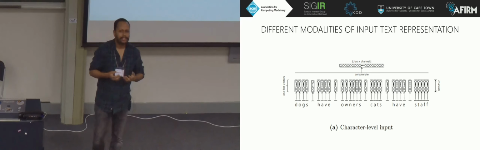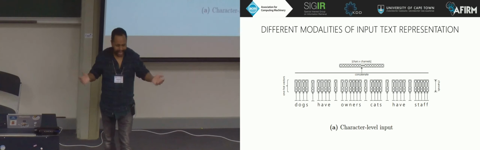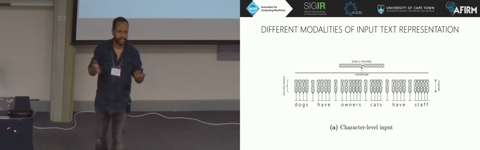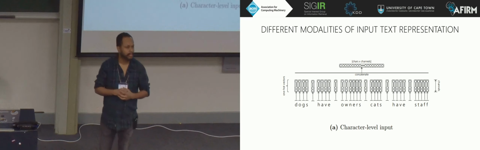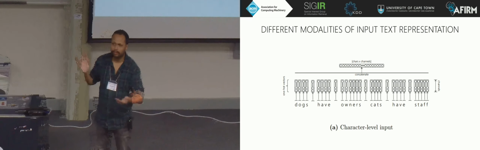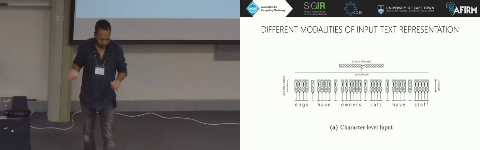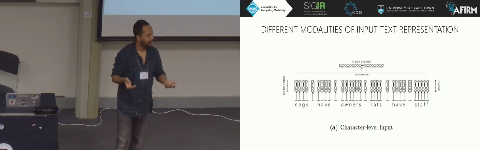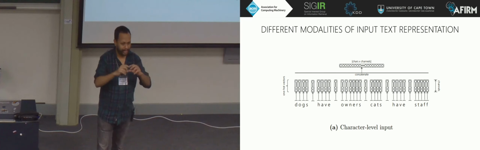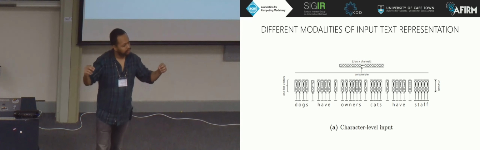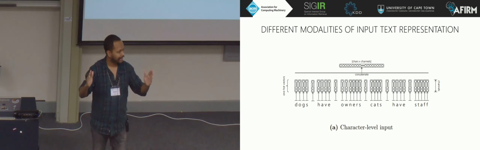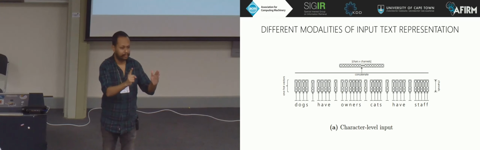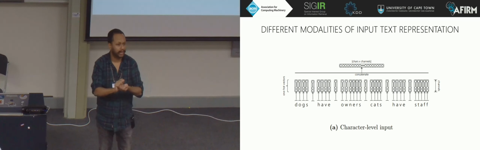Let's say you have n different items, and I'm going to talk in very generic terms, these n things could be anything. They could be words, different entities, or different alphabets or whatever. One way you can represent these n things is by a sparse vector, where the vector is exactly of length n, and it's 0 everywhere except for the position that corresponds to the item you're trying to represent.